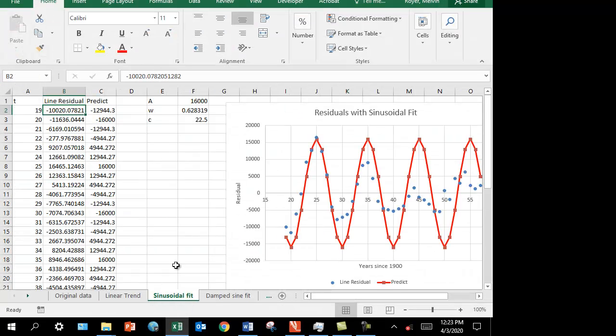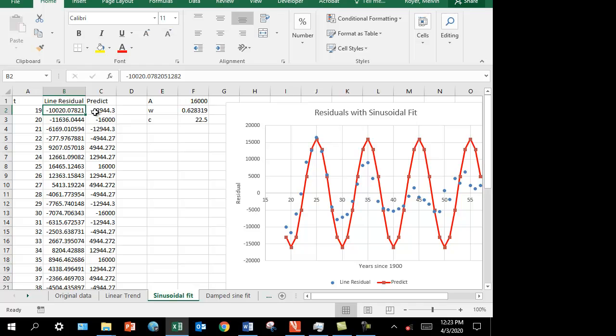So now I'm going to the third tab, sinusoidal fit. Here are A equals 16,000, omega equals 2 pi over 10, C equals 22.5. Here are my residuals copied from the previous tab.